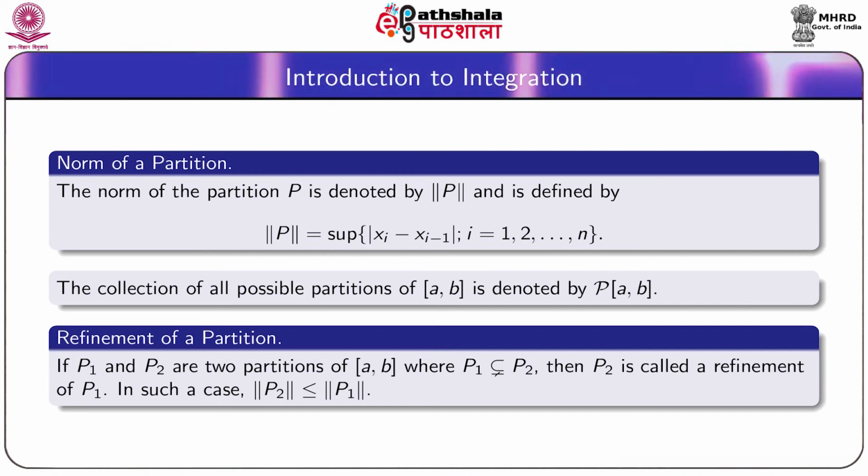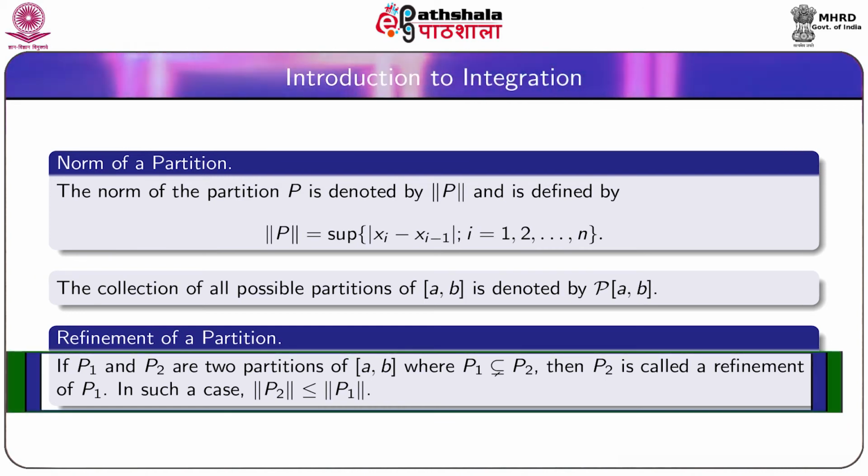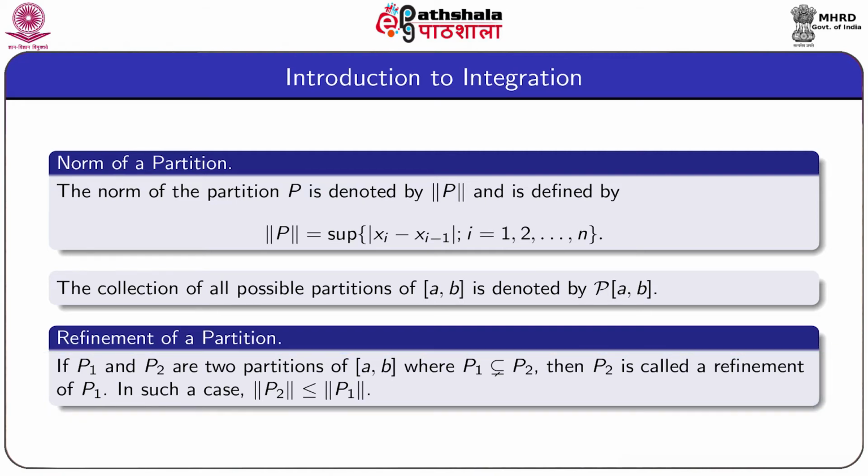Refinement of a partition. If P1 and P2 are two partitions of a bounded closed interval [a, b], where P1 is a proper subset of P2, then P2 is called a refinement of P1. One can easily check that in such a case, the norm of P2 is less than or equal to the norm of P1.